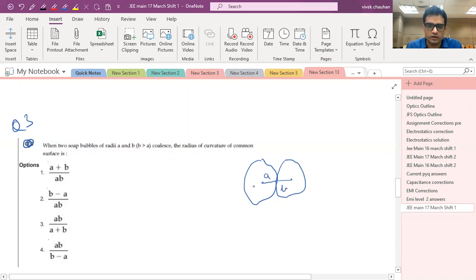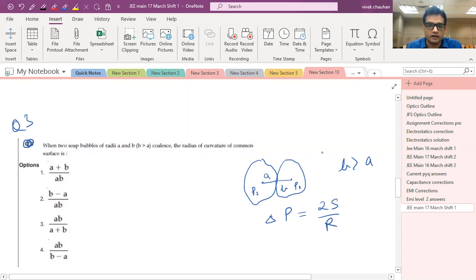First, we assume that excess pressure inside this drop is P2 and inside this drop is P1. And as it is given that B is greater than A, and also we know that excess pressure delta P is 2S by R, where R is radius of curvature, S is surface tension.